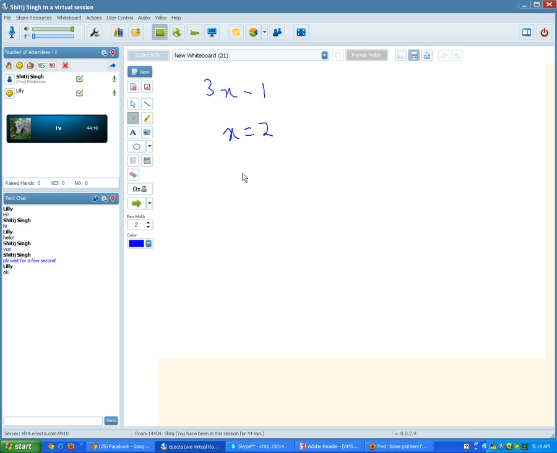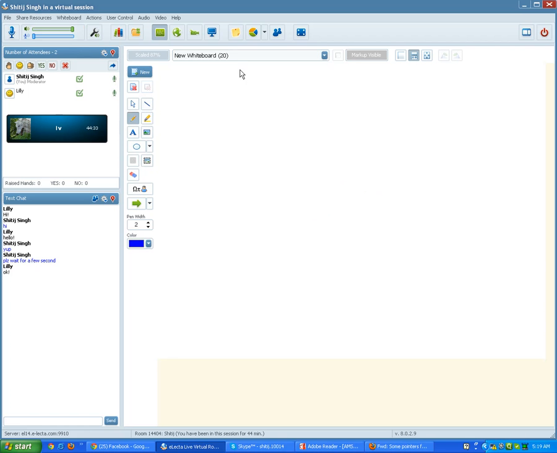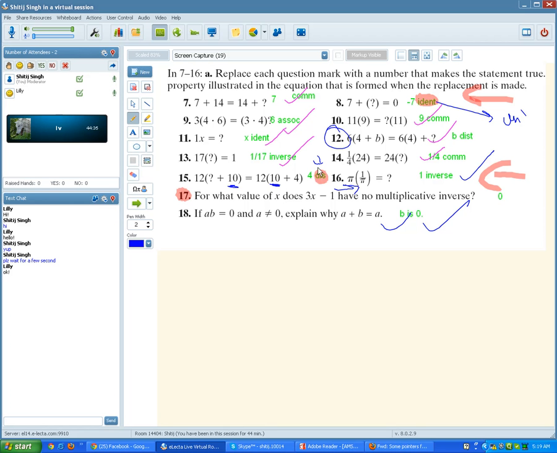Then you will get 3 times 2 is 6, 6 minus 1 is 5. Again 1 over 5 is the multiplicative inverse of 5, so this is also possible. So they want that particular number which should not have a multiplicative inverse of this quantity.